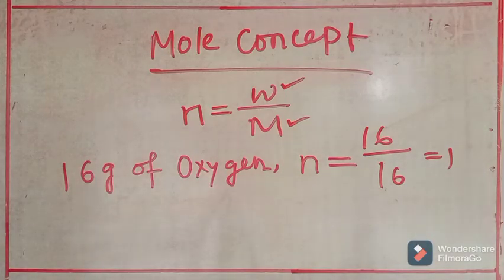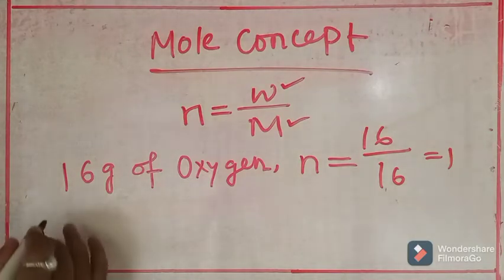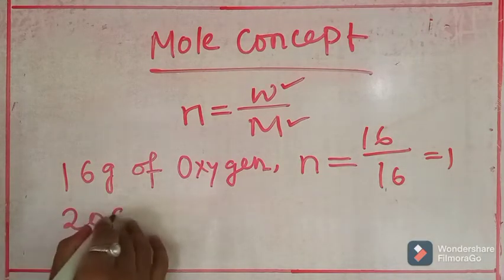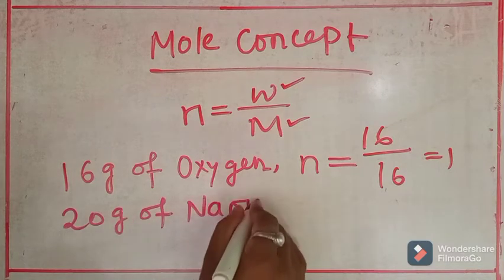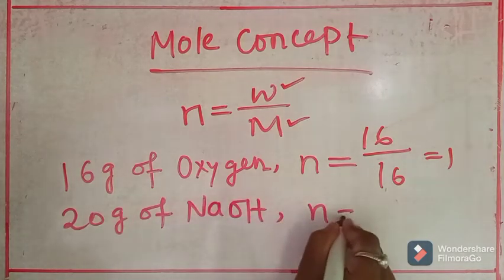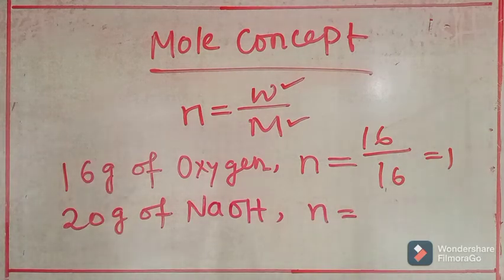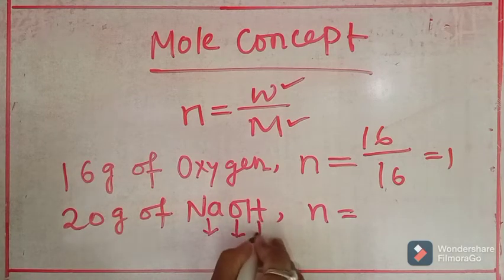Now if the substance is not present by its molecular mass, then what will be its mole? Let us discuss such an example. Say there is 20 gram of sodium hydroxide. How many moles of sodium hydroxide is it? At first we have to calculate the formula or molecular mass.